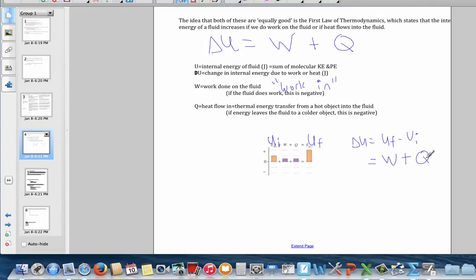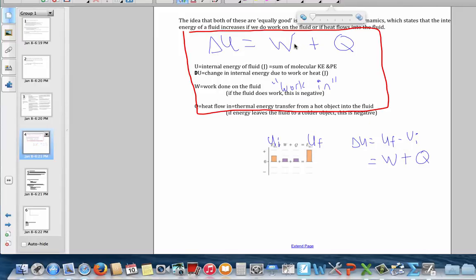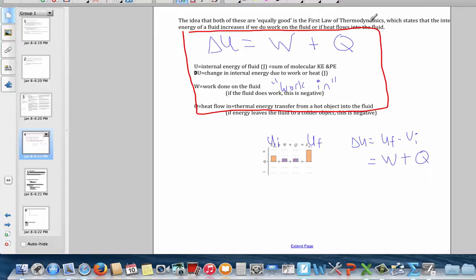Now, you can see we're already introducing some sign conventions here. When we write the first law of thermodynamics in this form, we're saying that work done on the fluid is positive and work done by the fluid is negative. Similarly, we say heat flow in is positive and heat flow out is negative.